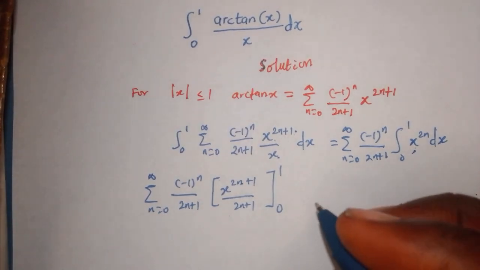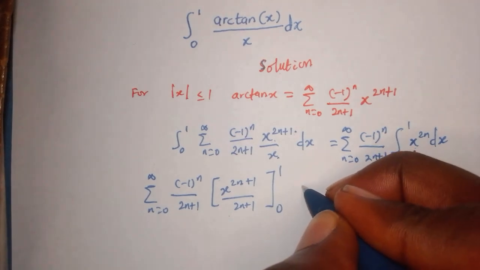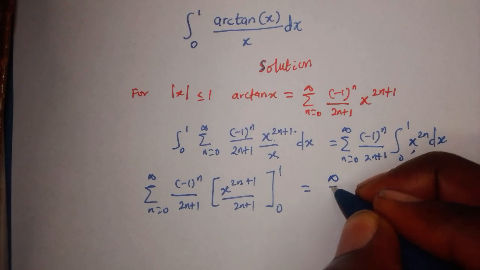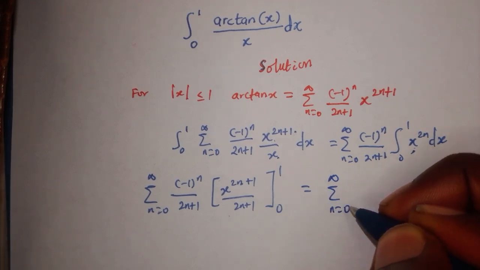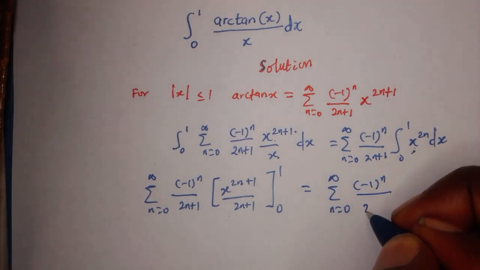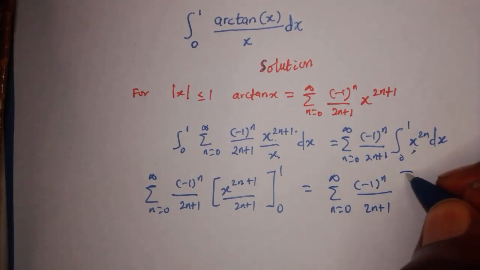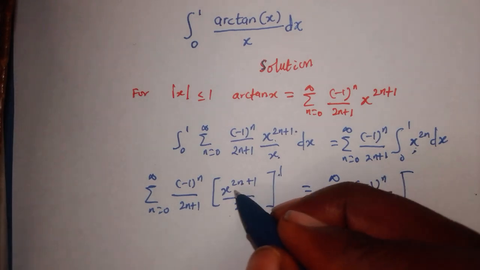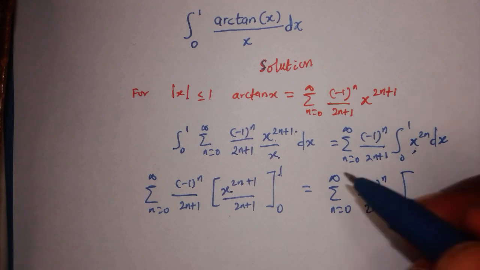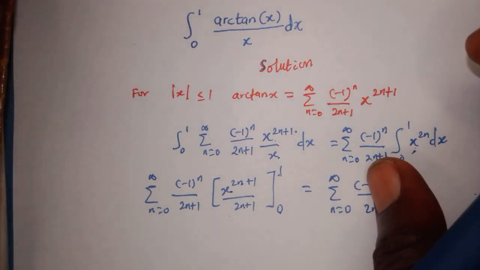If you apply the limit, we are going to have the sum of n from 0 to infinity of minus 1 raised to the power of n over 2n plus 1. We input x to be 1, and 1 raised to the power of 2n plus 1 will give us 1, and if you input 0, that will surely give us 0.